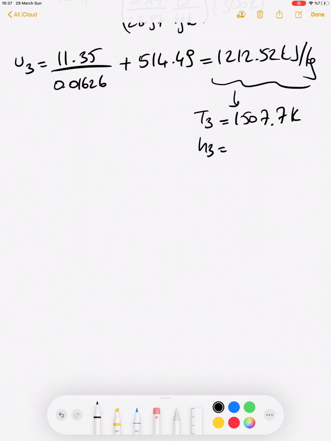H3 we will need that, 1,645.31 kilojoule per kilogram. So this is also required, and we calculated that.